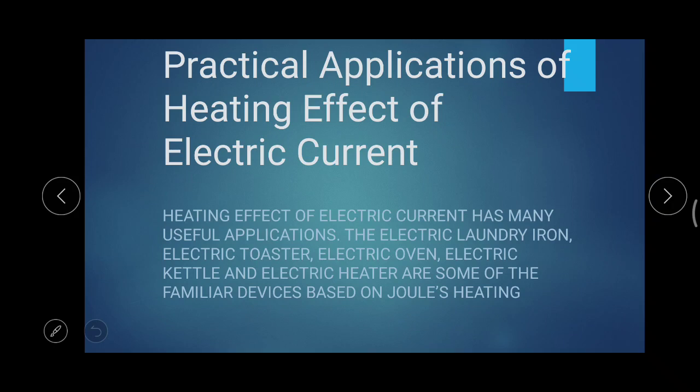In all these things we are using the application of the heating effect of current, or we can say Joule's heating. These are some of the familiar equipments which work on the heating effect of current, on the basis of Joule's heating.